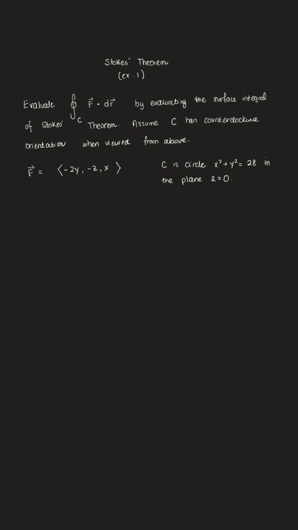So let's recall the statement of Stokes' theorem, assuming we have the conditions met, we can talk about that. But Stokes' theorem tells us that we can evaluate the line integral over a closed curve in space of the circulation of the field, by evaluating the double integral over the enclosed region of the curl of the field along the normal.